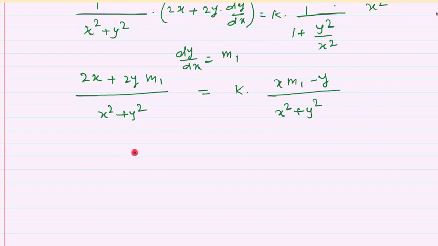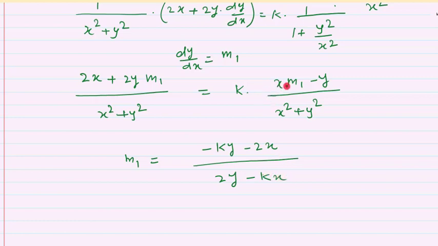So calculating the value of m1 from here, taking k x m1 to the left hand side and then m1 common and after division, we are getting m1 is equal to minus ky minus 2x upon 2y minus kx. Simplifying it further, ky plus 2x upon 2y minus 2y plus kx.